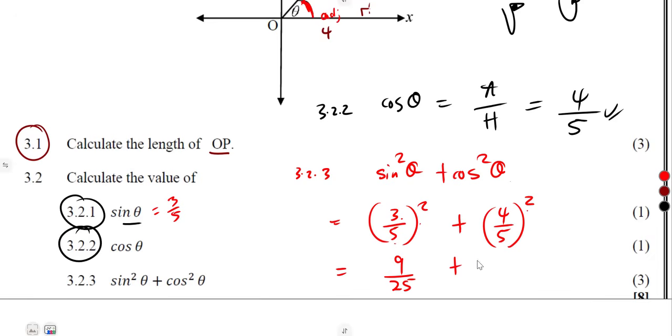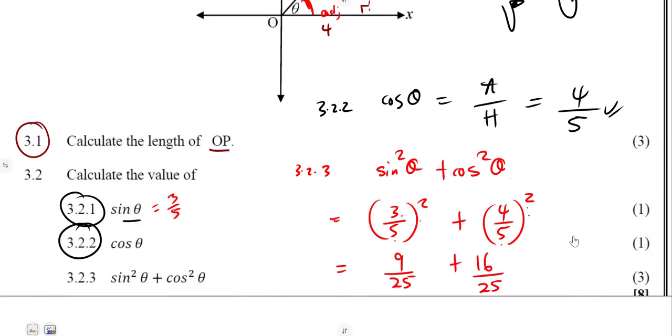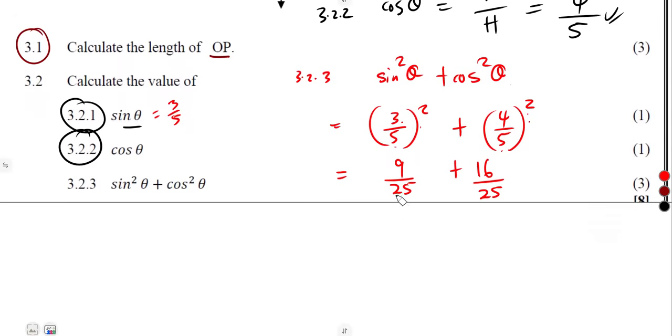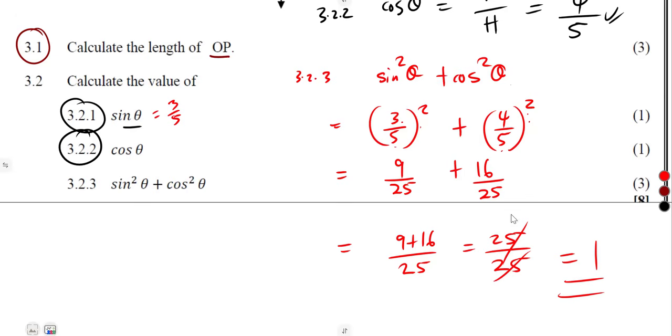Plus 4 squared is 16, 5 squared is 25. As we are working with the same denominators, we can easily add the numerators together. So it's going to be 9 plus 16 over 25, which is 25 over 25. And that's 1. So the whole of this part is going to give us a 1.